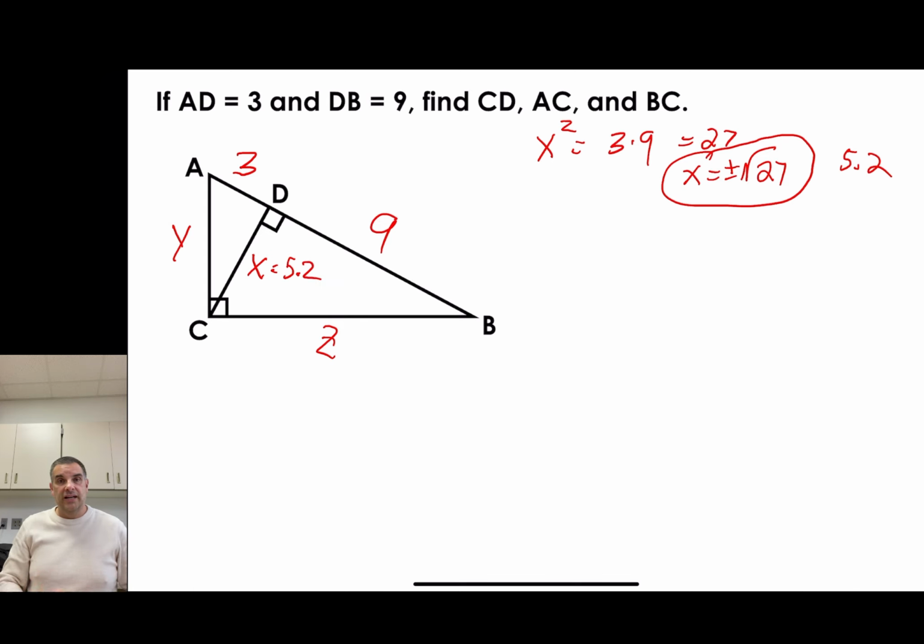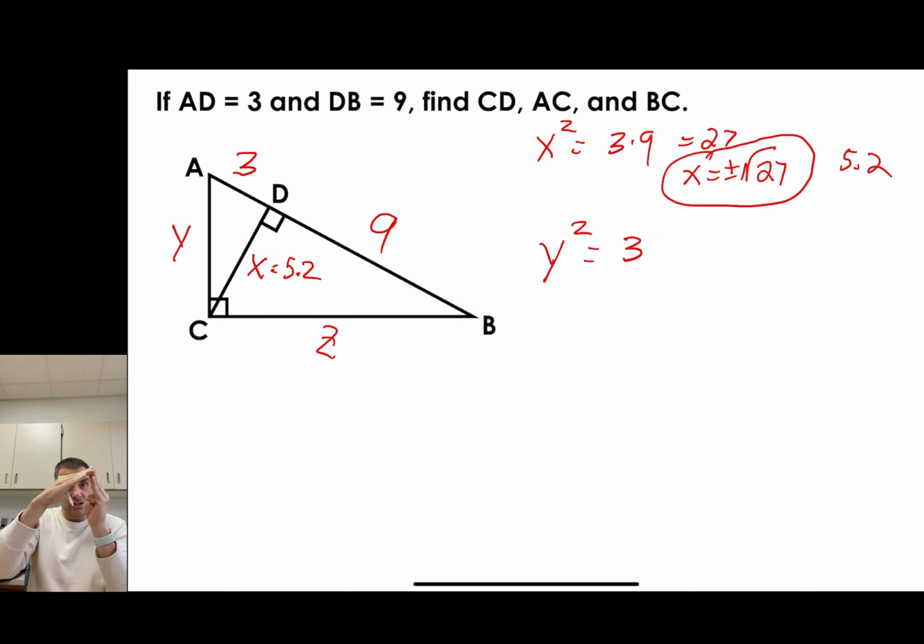The next one we're going to find is y. Y is one of the legs. Y is the leg AC. CD is the altitude. So when we talked about the leg, we said leg squared, y squared, is equal to the hypotenuse segment that's connected to it. So that's 3. It's part times whole.